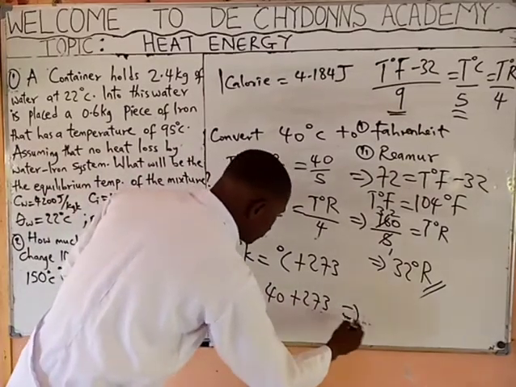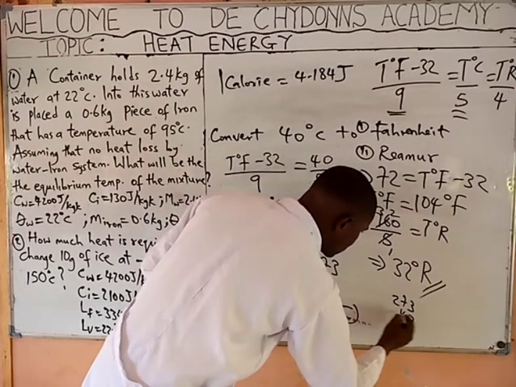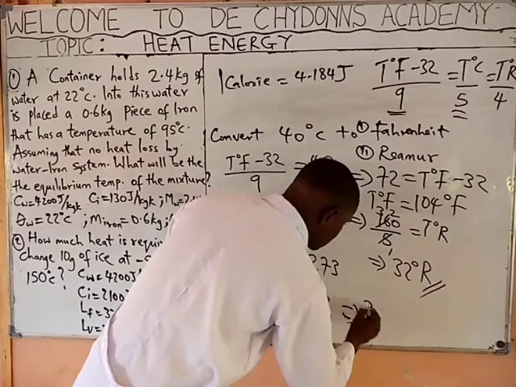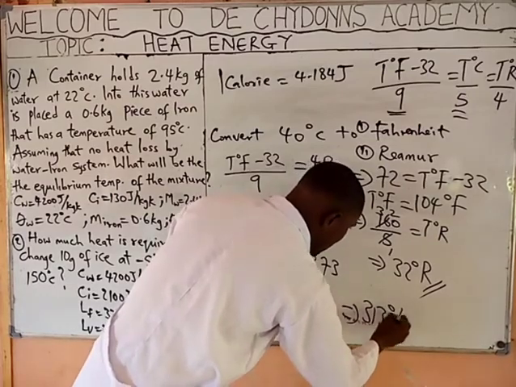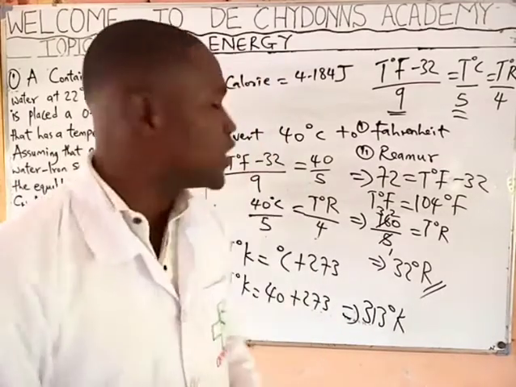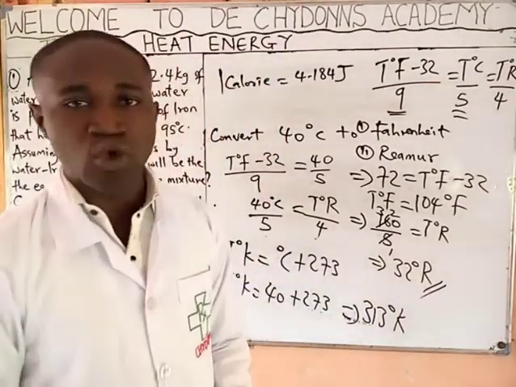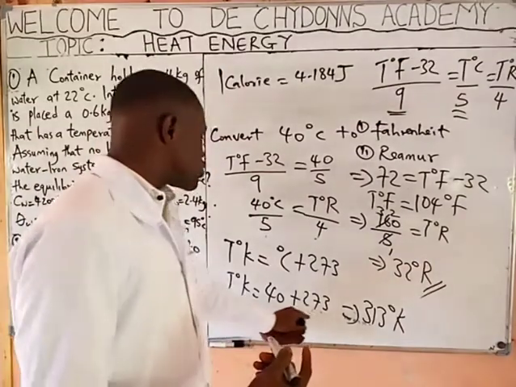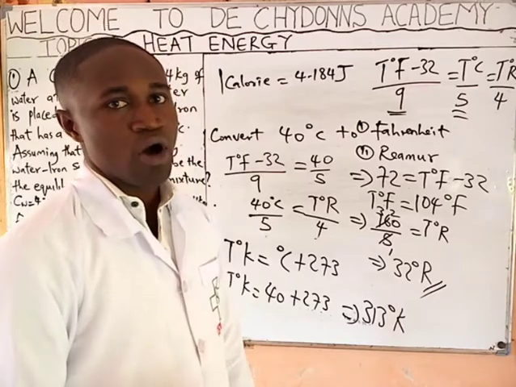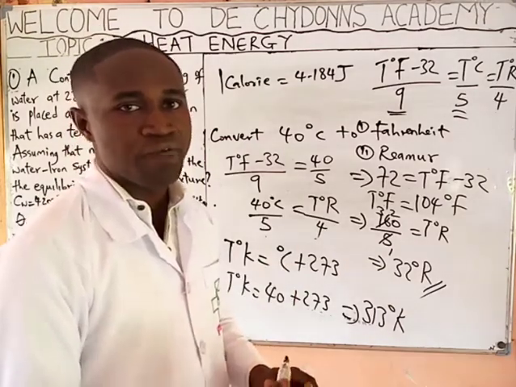That gives you 313 degrees Kelvin. So when you are asked to convert Celsius to Kelvin, use this relationship: degree Celsius plus 273. 40 plus 273 gives you 313 degrees Kelvin. Okay? Let's have all this in mind as we go into calculation in full.